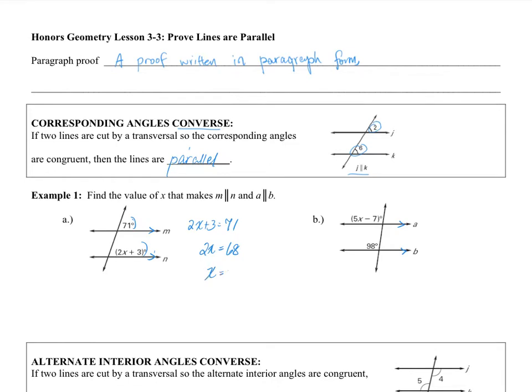And x will be 34. And then for the other one, we do the same thing. 5x minus 7 equals 98. And after solving for x, you should get 21.